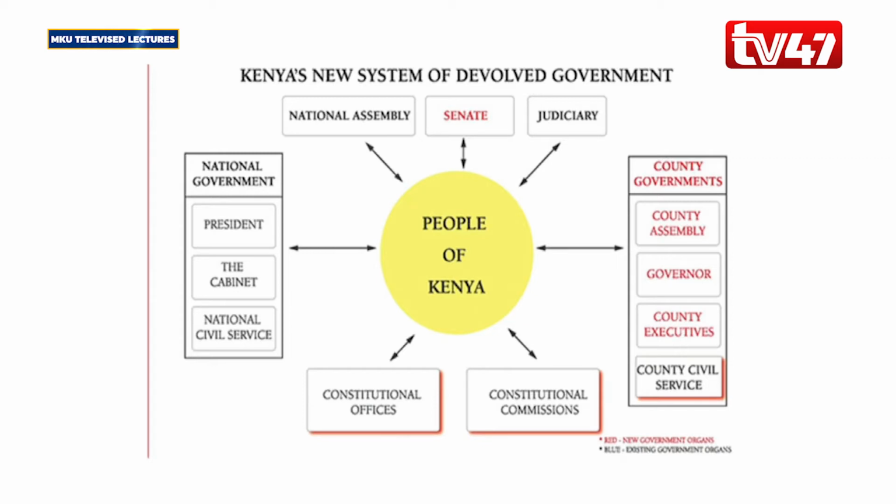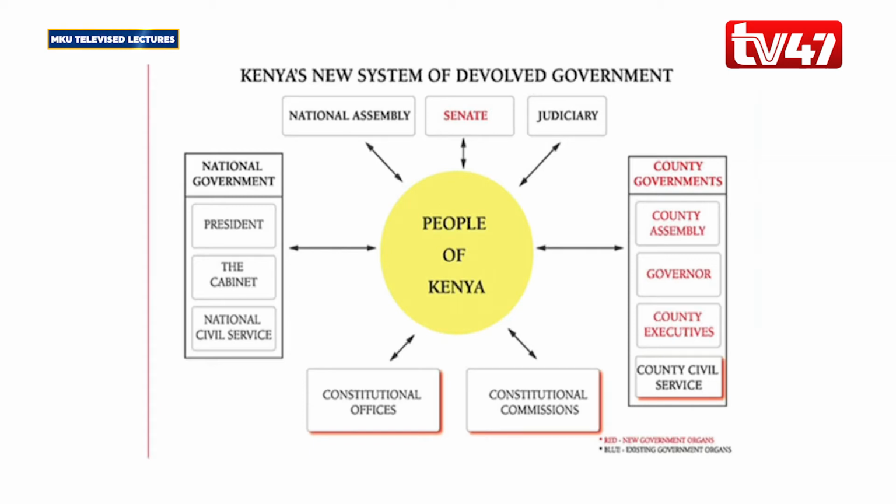So under this, the equivalent of the president here is the governor. For the cabinet here, they talk about the county executives, the CECs. And then for the national civil service, the equivalent under the county administrations is the county civil service.